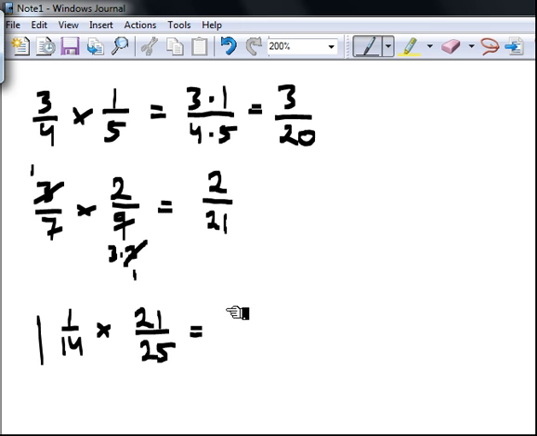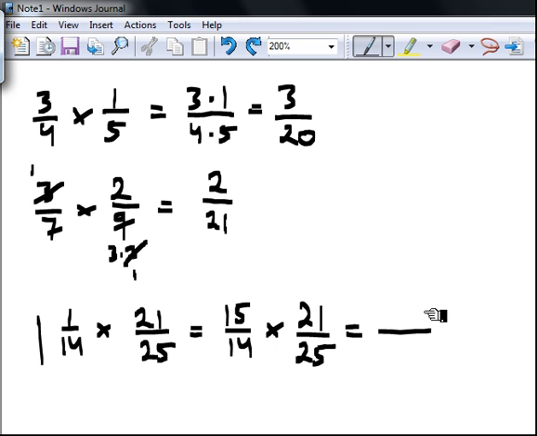So this is going to be 15 over 14, and this is going to be the same thing, so 21 over 25. Now of course we can write up here 15 times 21 and calculate it. It's going to be a big number, and 14 times 25 is also going to be a very big number. So let's simplify it before we write anything.